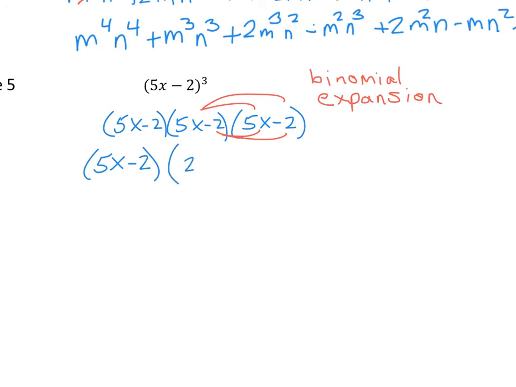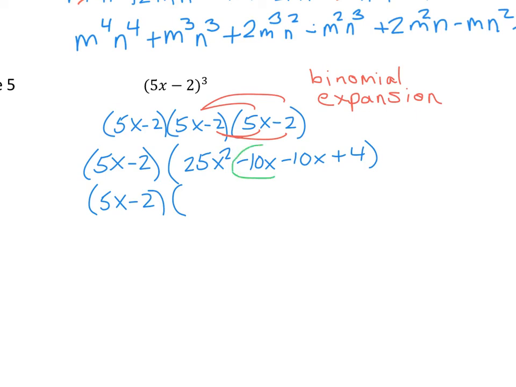So I have 25x squared minus 10x. Now it's negative 2's turn, so I end up with a negative 10x plus 4. And I go ahead and combine these like terms here. So I've got 25x squared minus 20x plus 4.